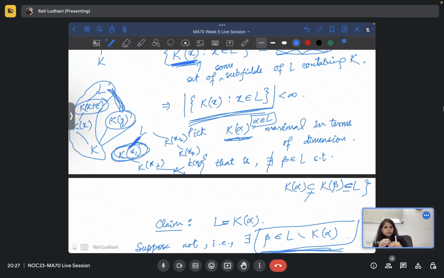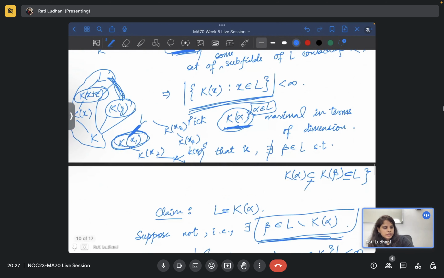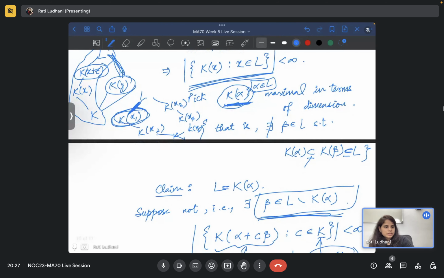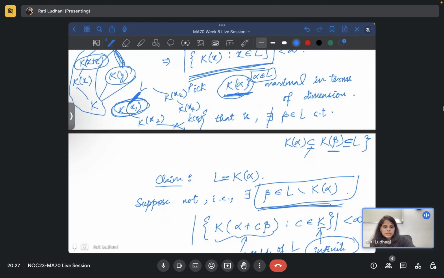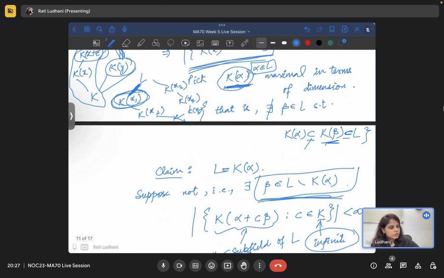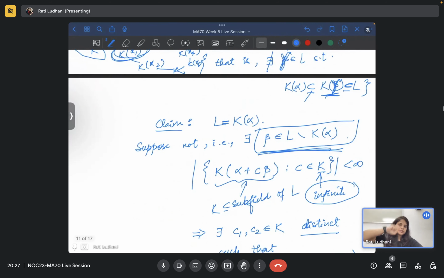We are just talking about a simple extension of K. So we consider the maximal one, and in these terms there is no beta such that K(alpha) is contained in K(beta) which is contained in L. Beta is again a representative, not related to the earlier one; if you want, I can use gamma. Now we claim that if we have picked this maximal one, then L is equal to K(alpha), exactly equal to this maximal one.